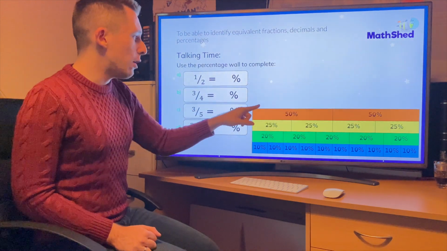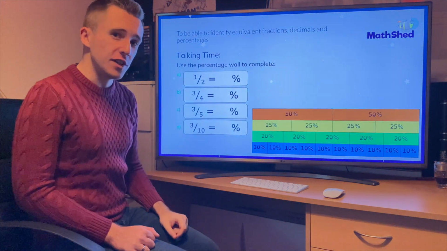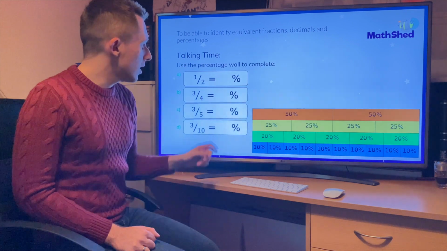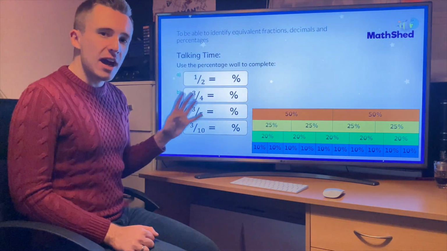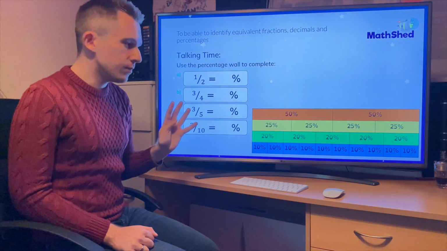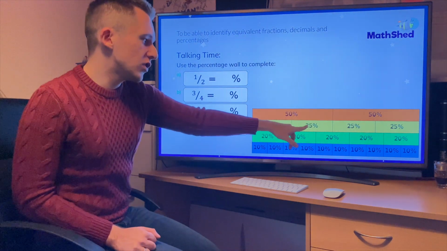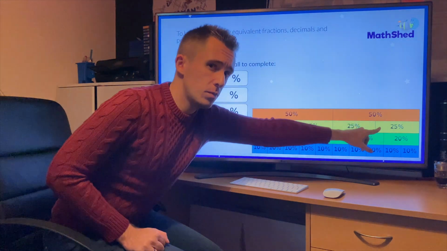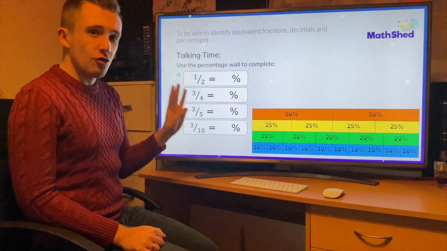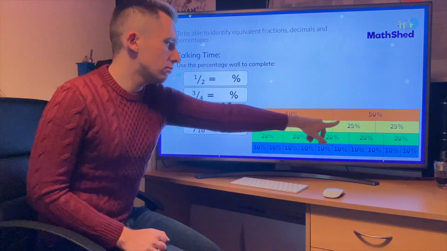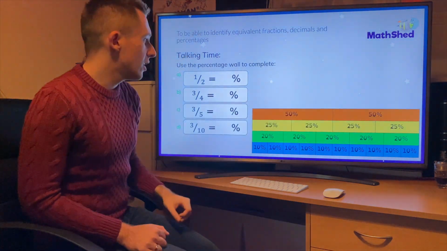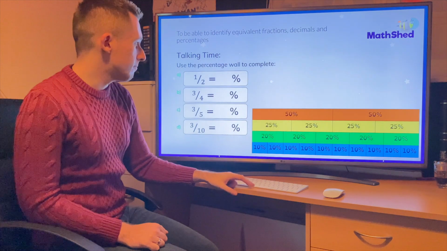So 1 out of 2 would be 50%. The next one here, we're looking for somewhere where we have 4 parts. 1, 2, 3, 4. And we want 3 of them. 25, 50, 75. So the answer would be 75%.